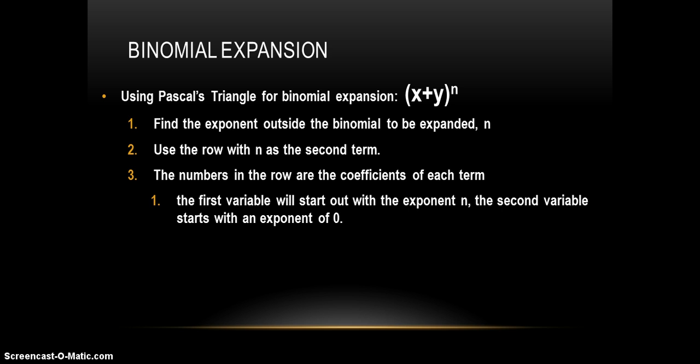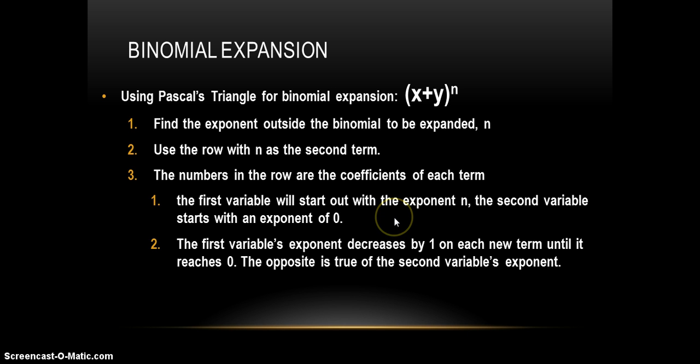Alright, now here's a little bit to tell you about what those variables are going to look like. The first variable will start out with the exponent n. So here, your first variable is x. Your first term should have an x to the nth power. Alright, the second variable starts with an exponent of 0. So it would be y to the 0, which is just 1, so you're not even going to see the y.